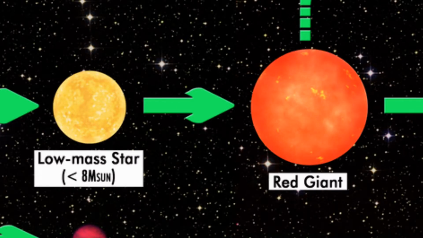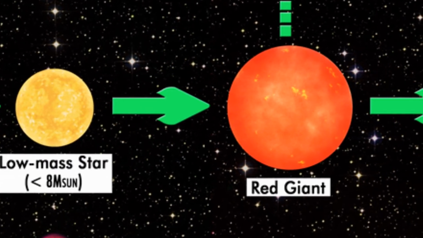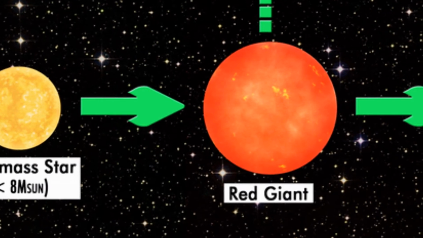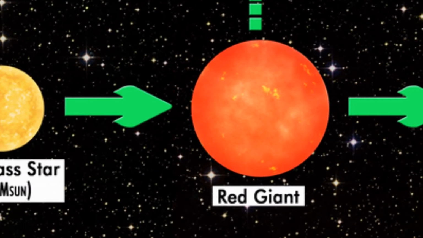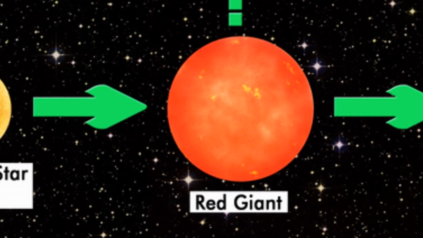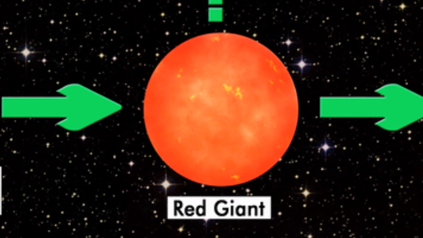The outer layers of the star expand as gases expand on heating, and soon enough the star is a red giant. But as the fusion happens, the heat can't reach the outer layers, and they just start to cool down.